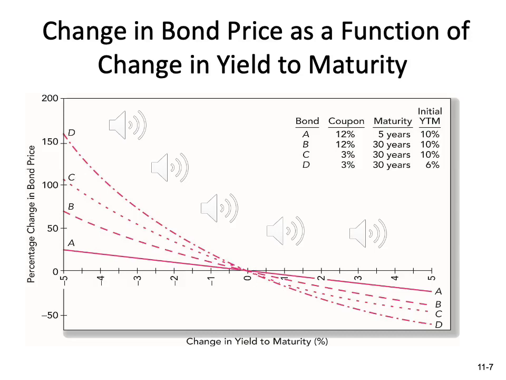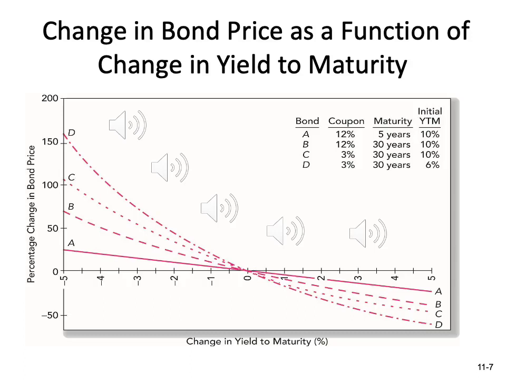Finally, when you're comparing bond C and bond D, both of them have coupon rate 3%, maturity 30 years, initial yield to maturity, one is 10%, another one is 6%. So bond C initially the yield is 10%, while bond D is 6%.